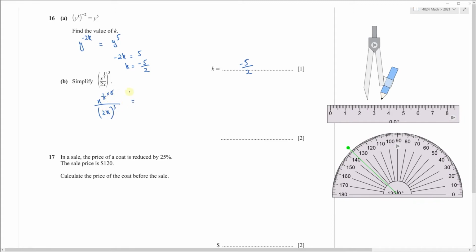So this 3 cancel out. So I'm left with x power 1, which I can write just as x. And if I bring this 3 inside, 2 power 3 is 8, and x power 3 will be x cube. So I can cancel this x out with this x cube, and I'll decrease this power by 1. So this will become power 2. So I will have 1 over 8x square.